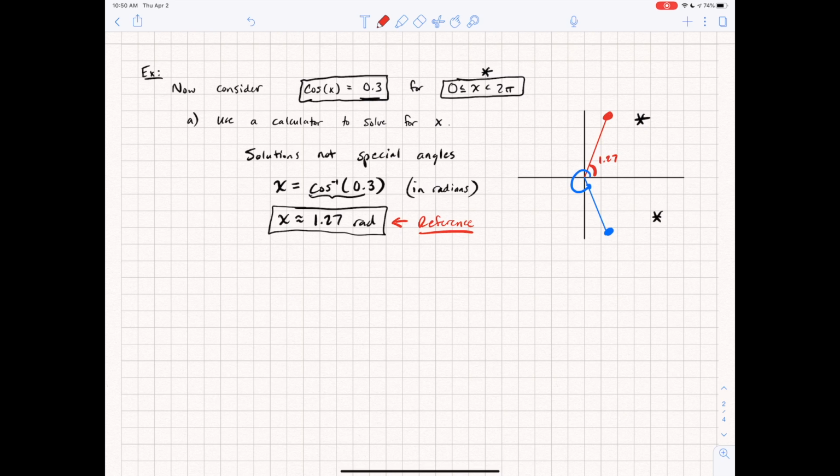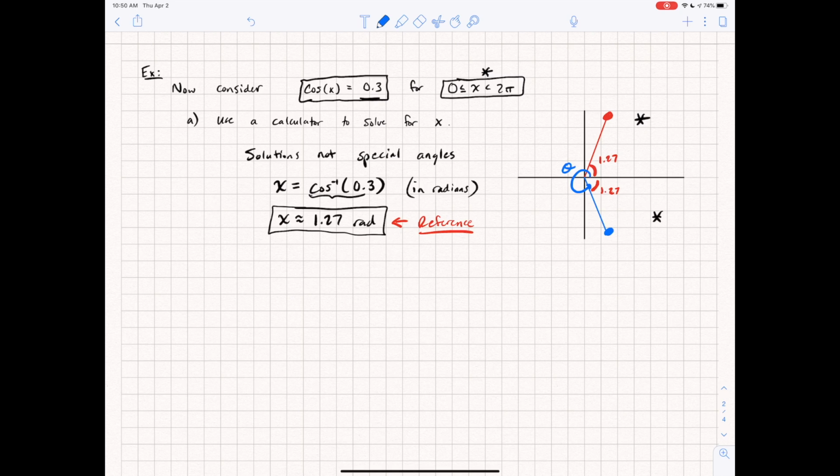That's what this 1.27 is. It is the angle in the first quadrant, so I can treat it as my reference, because if this angle that gets me down to the fourth quadrant has the same cosine value, it must have the same triangle and the same reference. So it must mean that this is also 1.27. So how could I figure out what this blue line is? How can I figure out this other angle?